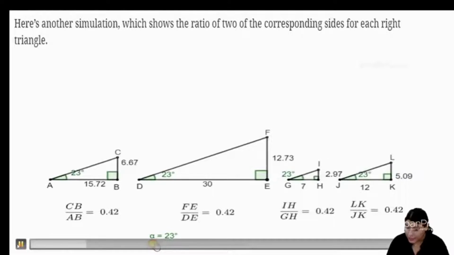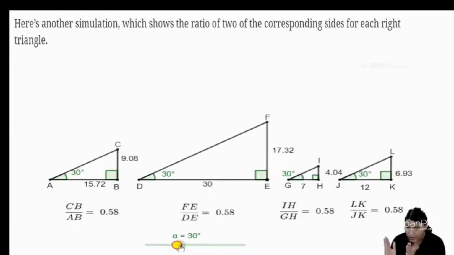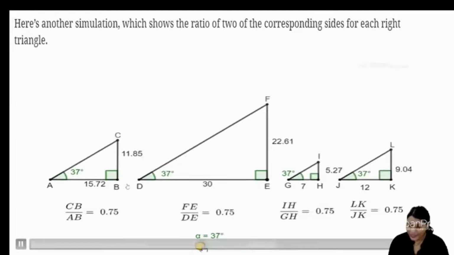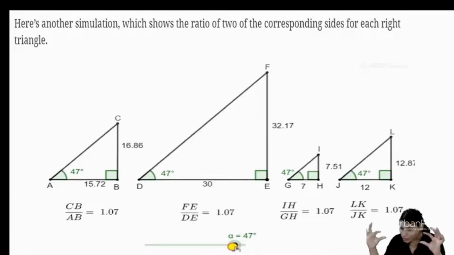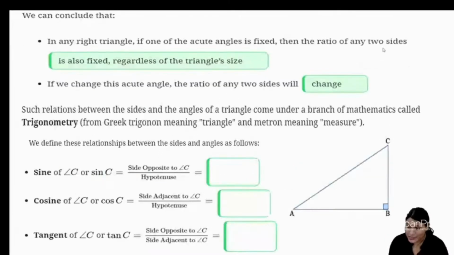Here the triangle sides are different, but as the acute angle is fixed in all the triangles, the ratios are also fixed. See, now the angle is 42 degree, so the ratios are fixed. When the angle is 50 degree, again the ratio is fixed. So we can conclude something from this simulation.